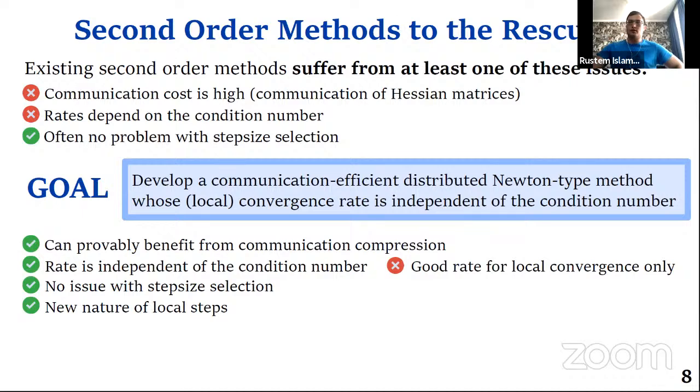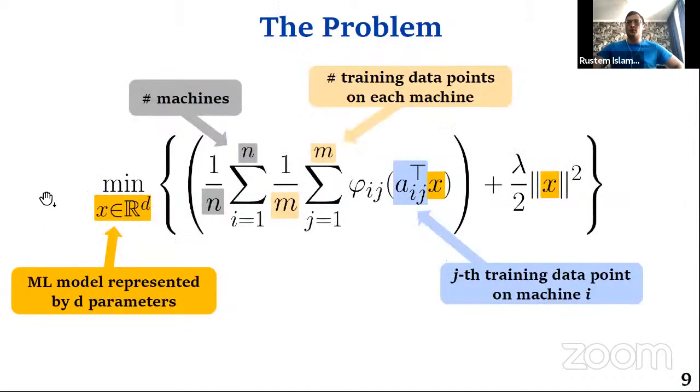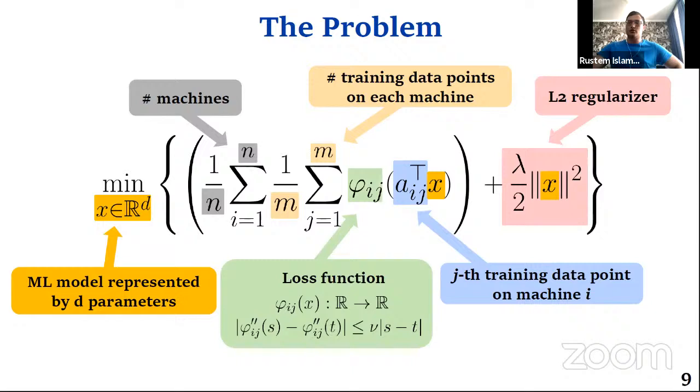Okay, so let's go next to the problem. Here on the slide, you can see some notation which we use. We consider an L2 regularized problem, and each loss function is a generalized linear model, and it has Lipschitz second derivative.